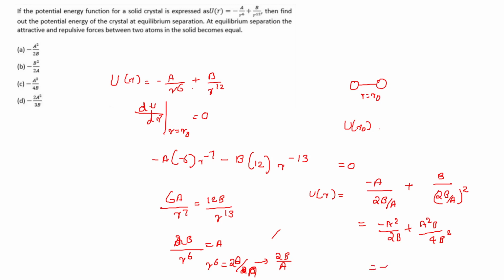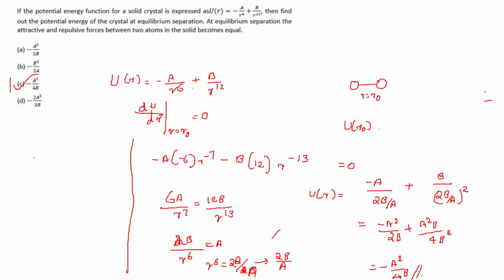To simplify this term, you will get an expression like this. You just substitute that the first derivative is 0, find the r value, substitute that r value into the potential and solve it. You will get an expression like this.